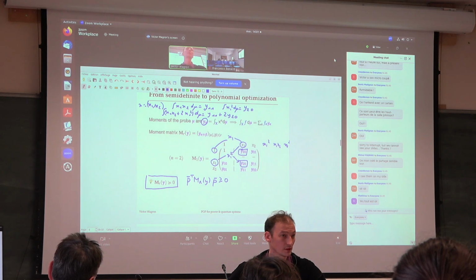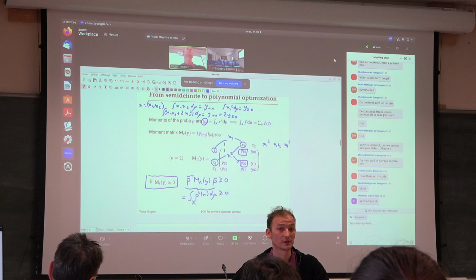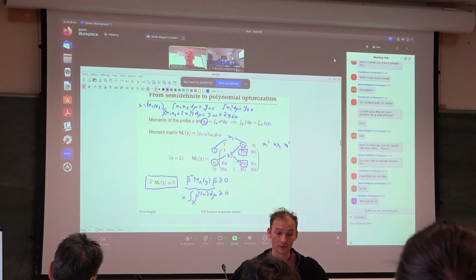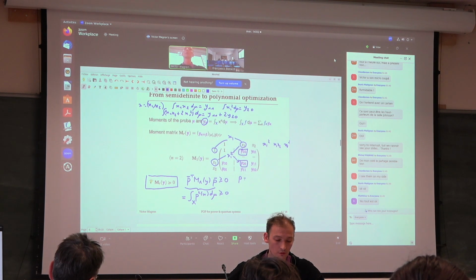And actually, it's not very hard to prove that this thing is actually equal to the integral of a polynomial built from this coefficient. And since mu is a probability measure, then this is non-negative. So this is how we prove it. So I think I will not have time to do that, but this is the general idea. And so basically, you take any polynomial, you write it like that.